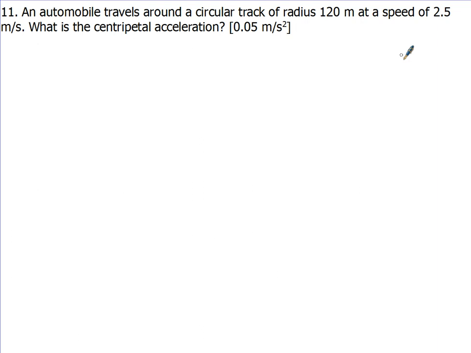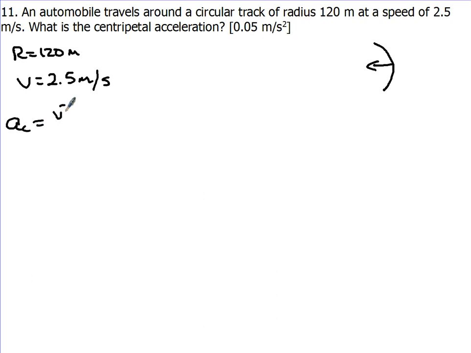An automobile travels around a circular track of radius 120 meters. So r is 120 at a speed of 2.5 meters per second. What's the centripetal acceleration? Well, the centripetal acceleration is v squared divided by r. v is 2.5, and we're going to square that, divide by 120.